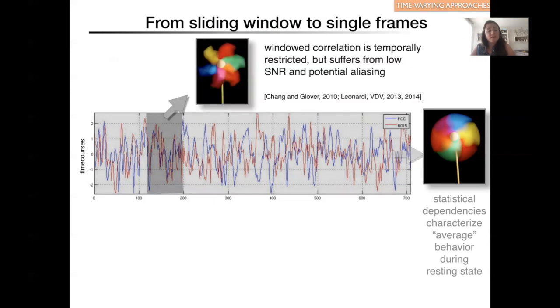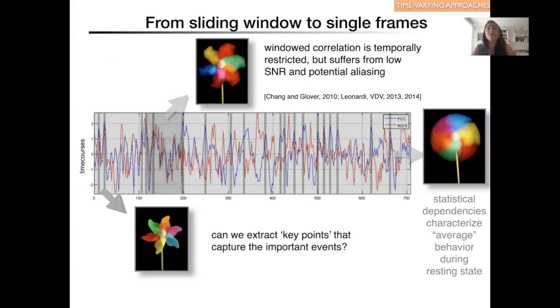The concept is exactly the same when we use a sliding window, simply the time of the sliding window is restricted, so we average out less, and so we get a picture that is a bit less blurred. But what if we could actually select time frames that represent key points, that are particularly important because they capture important events? This would allow us not to average at all and to consider a very neat picture of functional connectivity.